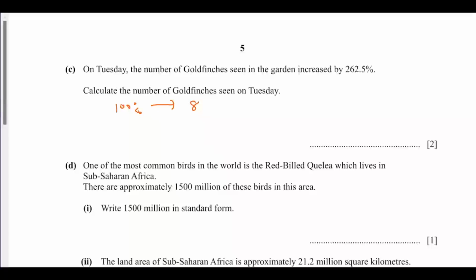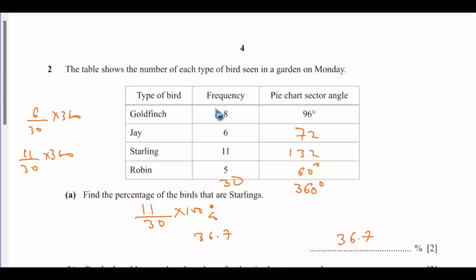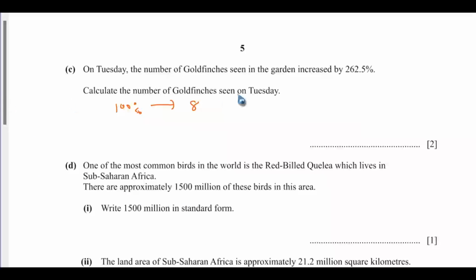If you go back to the table, you have 8. That is at 100%. So when it's increased by 262.5%, that means it's going to be 362.5%. So what will be the value at this percentage? That is what we need to do.